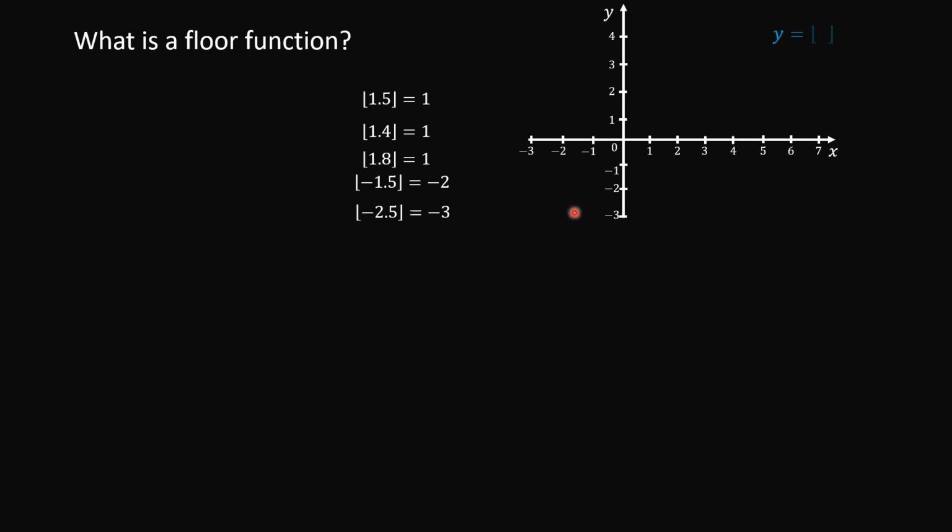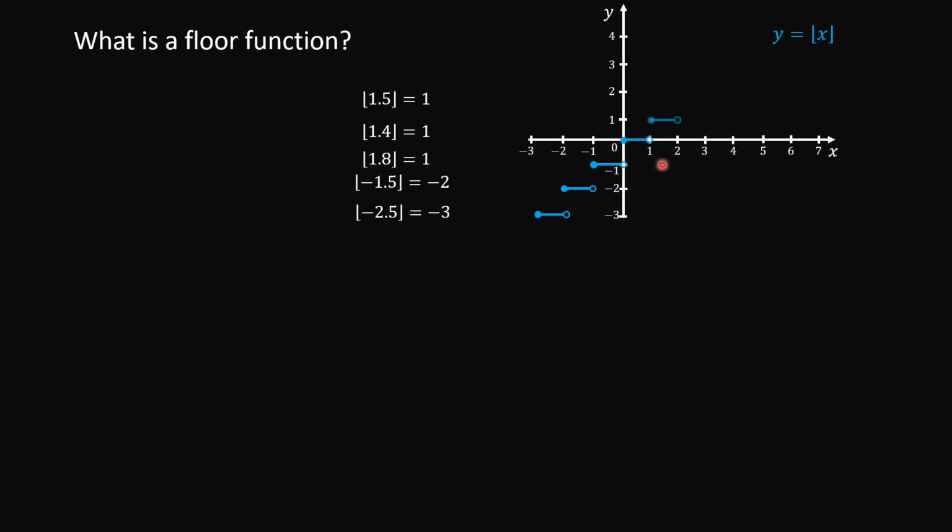The floor in that region is going to be negative 3. Then from negative 2 to negative 1, the integer lower than that within that interval, excluding the negative 1 point, is negative 2. Then between negative 1 and 0, the floor is going to be negative 1.